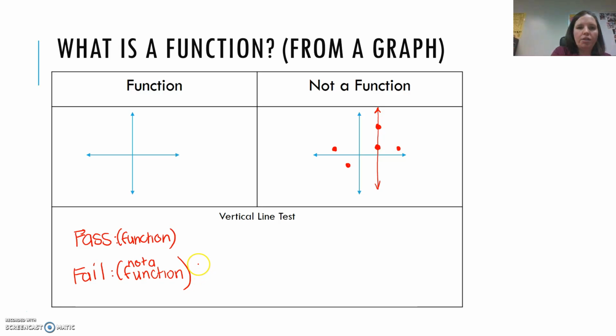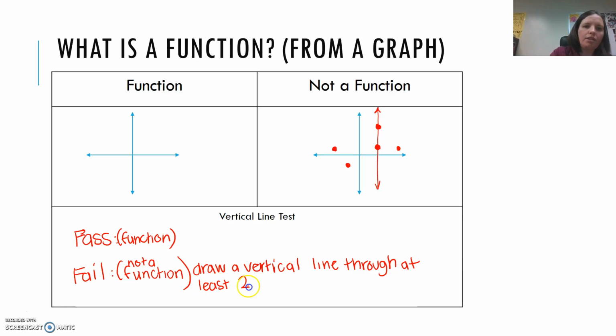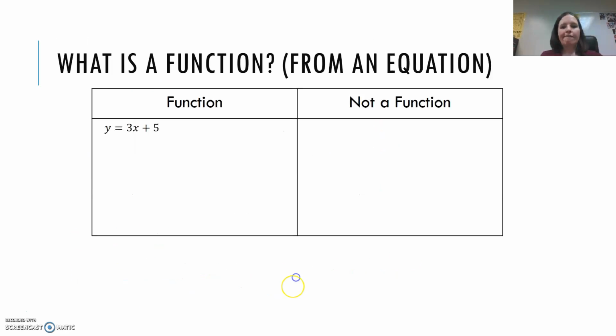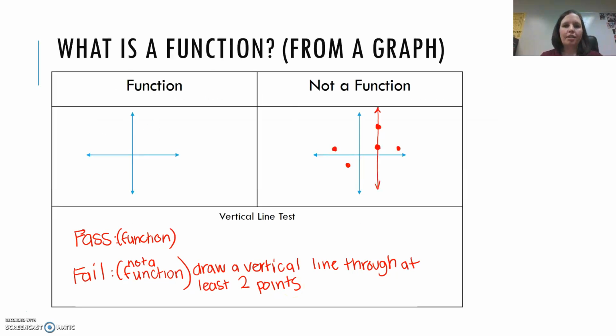Fail means you can draw a vertical line through at least 2 points. Why this tells you that it's not a function.